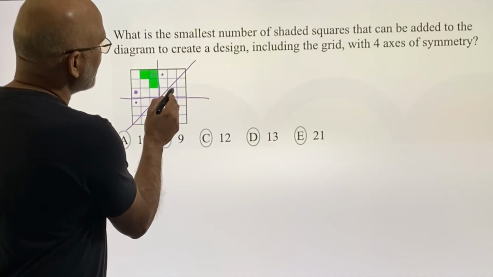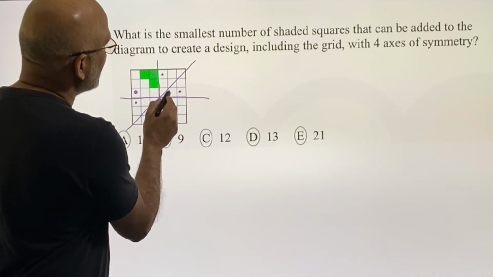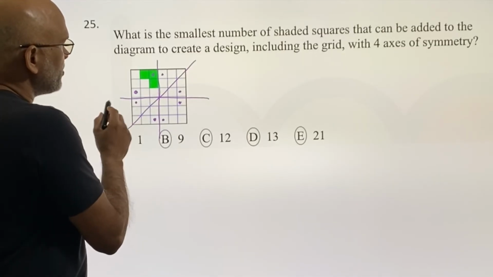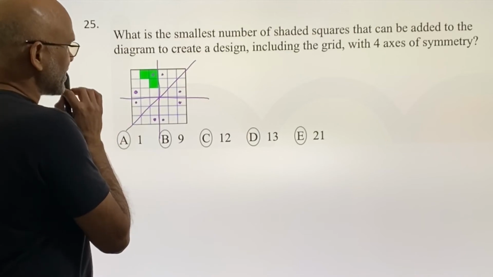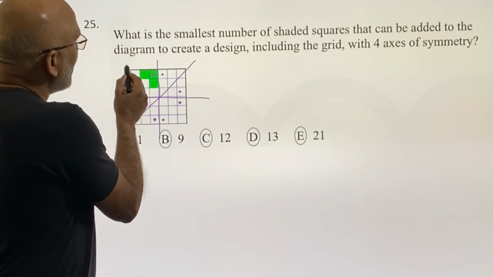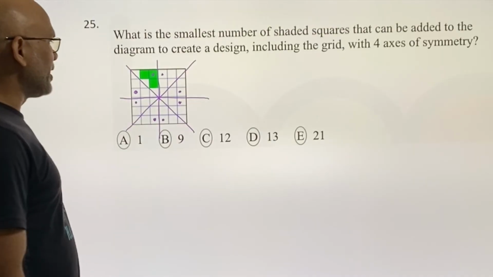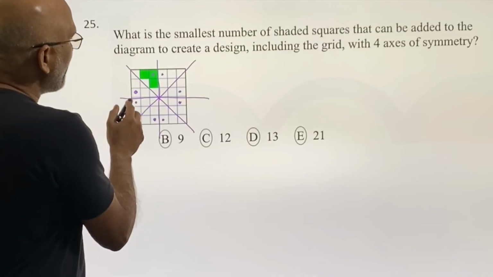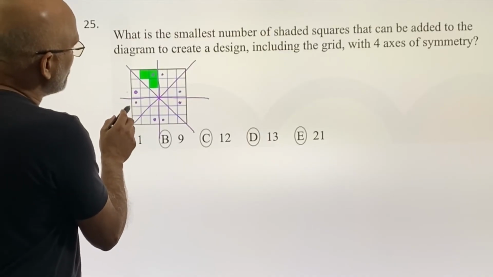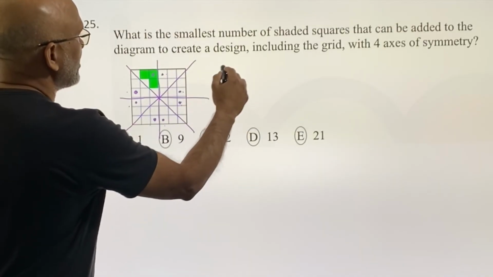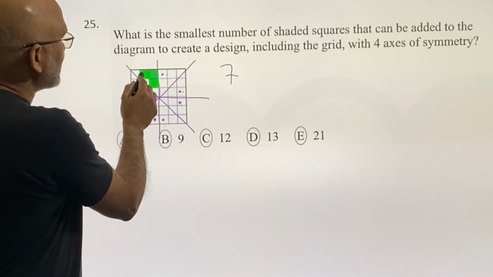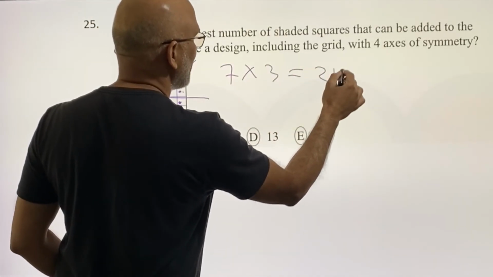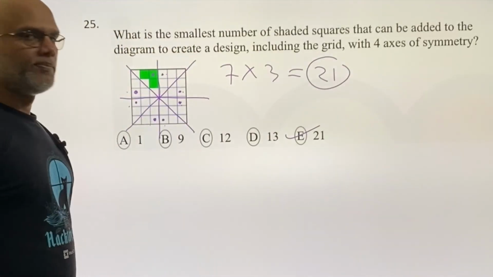And similarly, this pattern needs to come here, and this pattern needs to come here, okay? Now that covers these 3 axes of symmetry. Now if I want this also as an axis of symmetry, as you can see, this is already covered. Now how many extra patterns am I adding? 1, 2, 3, 4, 5, 6, and 7, right? And each pattern has 3 shaded squares, right? So 7 times 3 is 21. We arrive at the same answer.